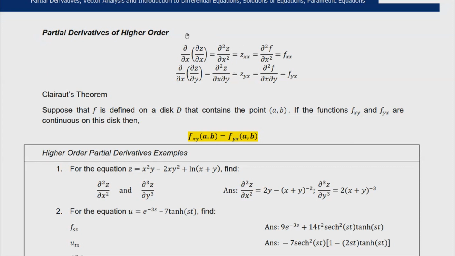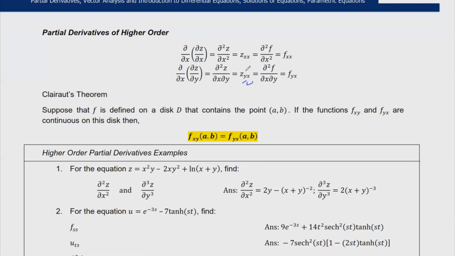But unlike the higher order derivatives in normal differentiation, wherein we're just differentiating with respect to the same variable over and over again, in this case we are talking about multivariable calculus, and we know very well that x, y, z can be the plane of our equation, and we can have more than 2 variables. So higher order derivatives can also occur when you first differentiate the expression with respect to y, and then differentiate the result with respect to x.